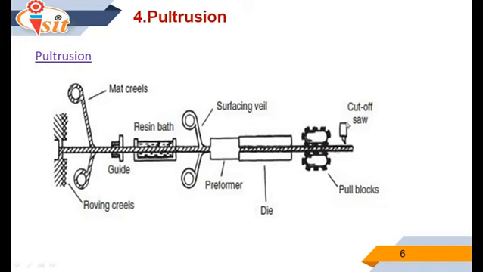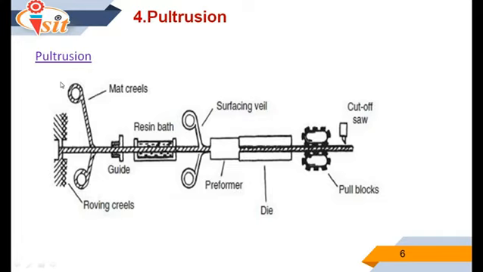Then in the further portion, the composite laminate structure gets separated out by using cut saws. These are the pull blocks we use meanwhile, which provide a little bit of guidance as well as help to pull the laminate sheets.